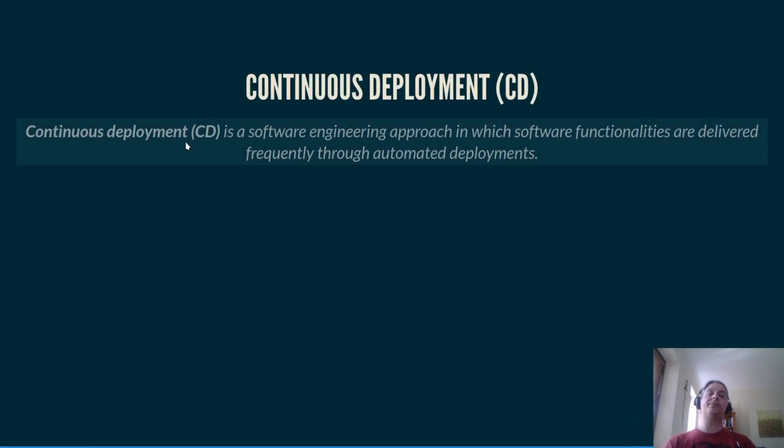Continuous deployment is the process that we use to automatically deploy the code that we create. And this can be done whenever we want. If we would like to do it whenever we merge on the master branch, we can do it like that.